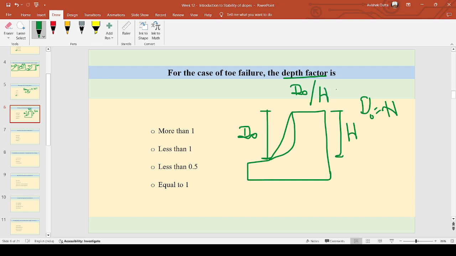So if D0 equals H, D0 by H will be equal to 1. Hence in the case of toe failure, the depth factor, or the ratio of the depth of failure to the height of the slope, is equal to 1. Option 4 is the correct answer. So in the case of toe failure, the depth factor D0 by H is equal to 1.